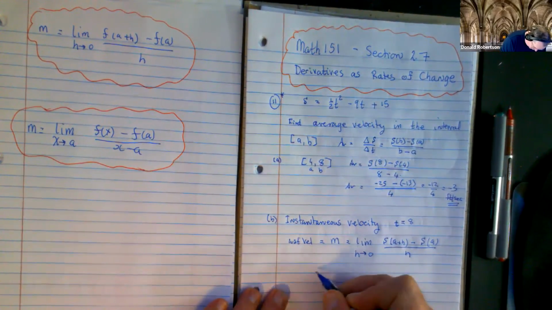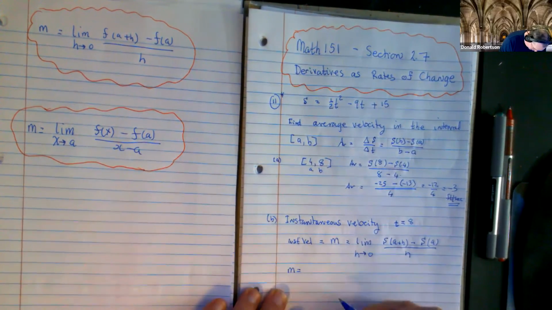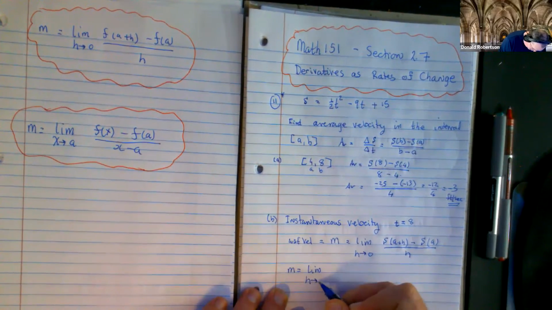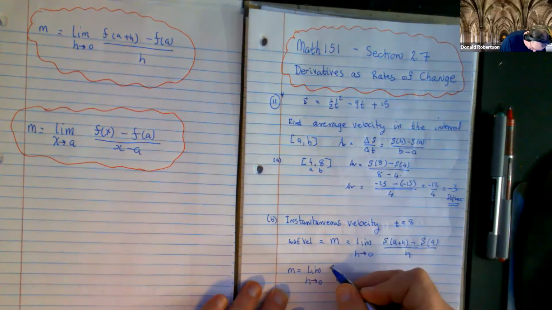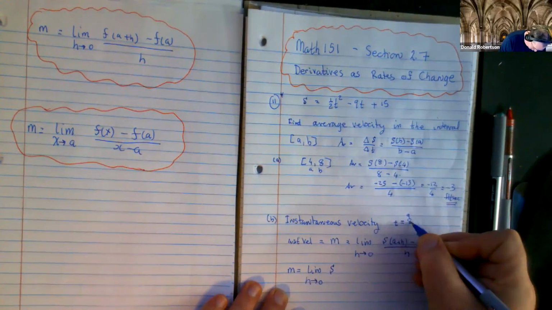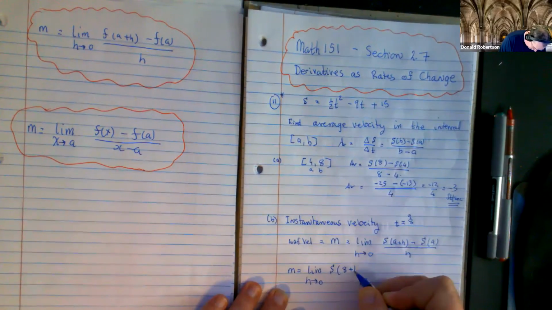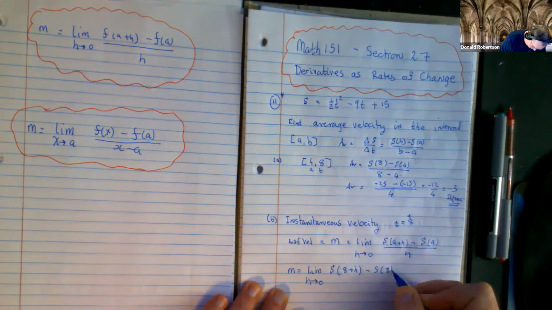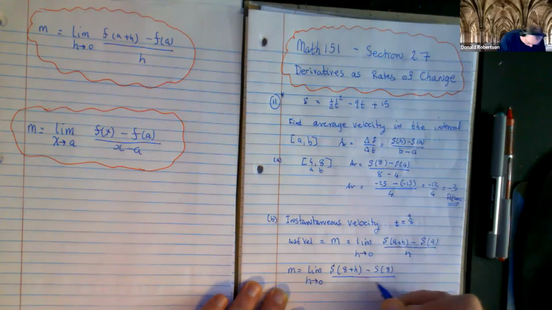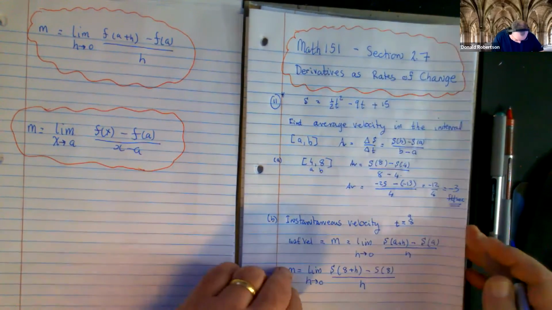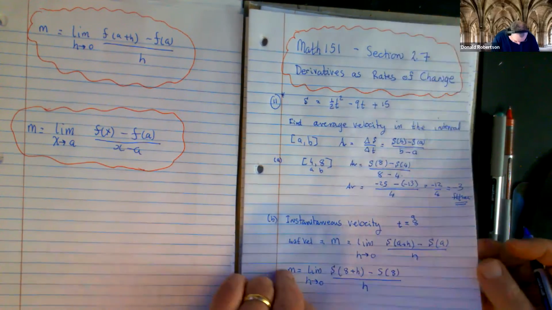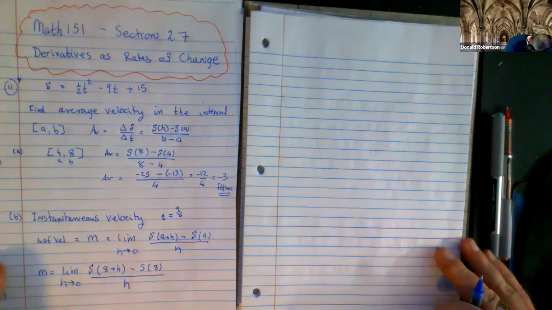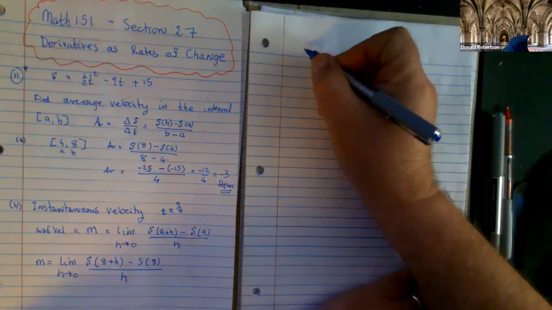And so that is going to become the limit as h tends to 0 of, that's essentially the value of the function at 8 plus h, take away the value of the function at 8, all over h. We've done quite a few of these, hopefully by now you're getting a little bit more comfortable with them. See what we get.